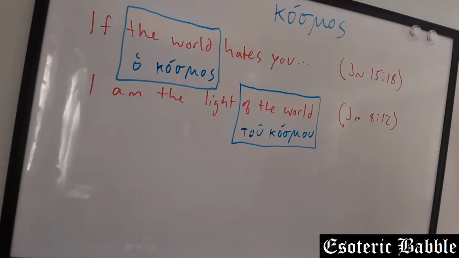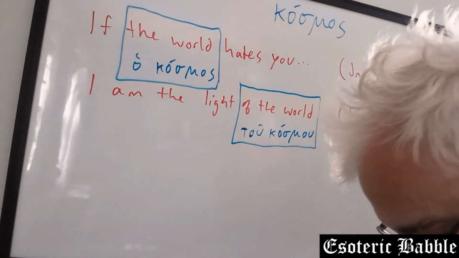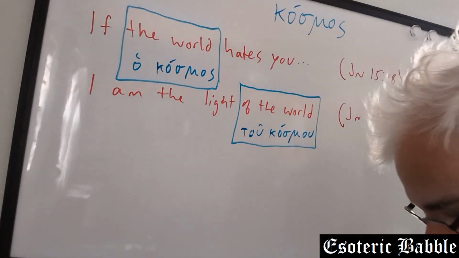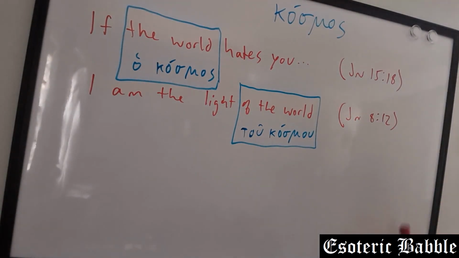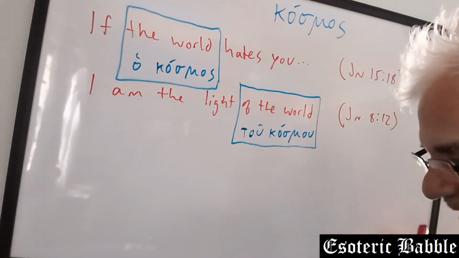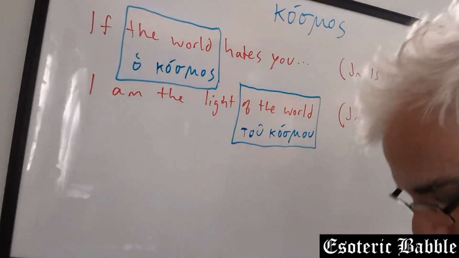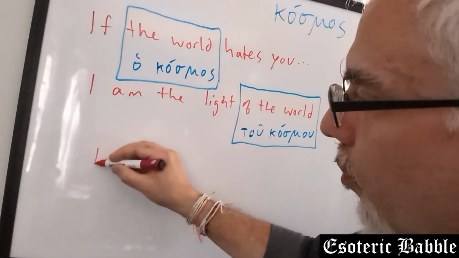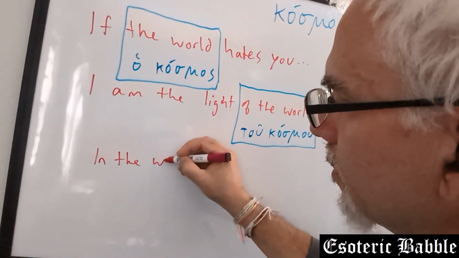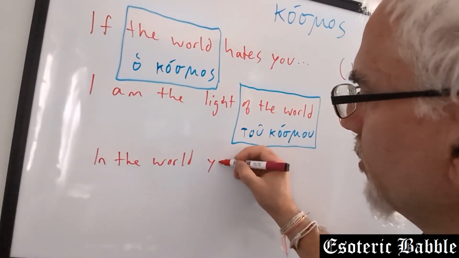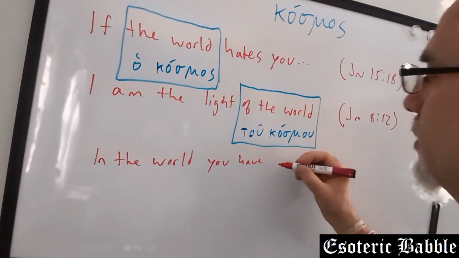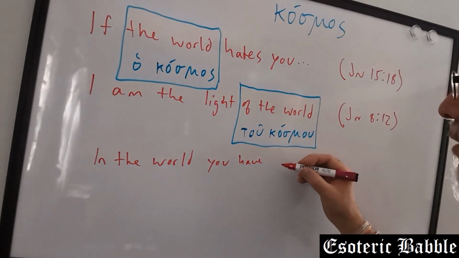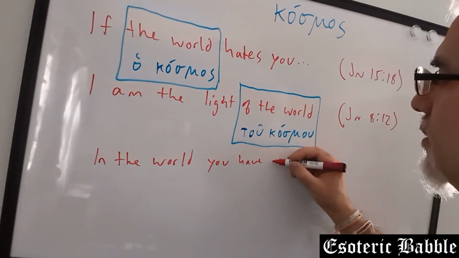Okay, let's see if I can fit the others on here. So in John 16:33, actually the last two sentences we're going to look at, or thoughts, come from the same verse. So it's in the world, and that's really, but you have affliction, it's thlipsis, you have tribulation.